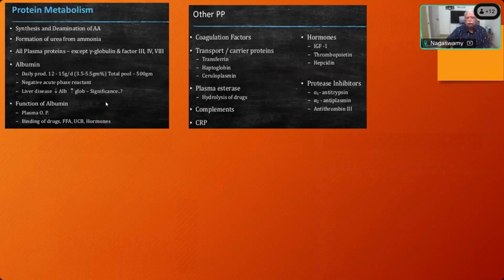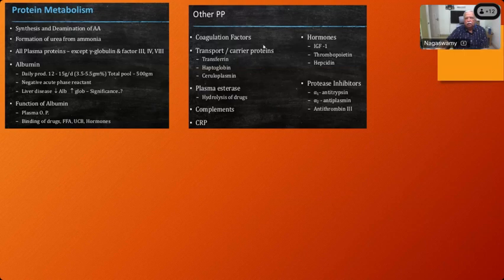This is what is called the reversal of albumin globulin ratio, which is also a significant factor for assessing the damage to the liver. And the liver, as she rightly said, maintains the plasma oncotic pressure, and it also helps in binding of drugs and also free fatty acids, UCB, and hormones. So this is how the albumin works.